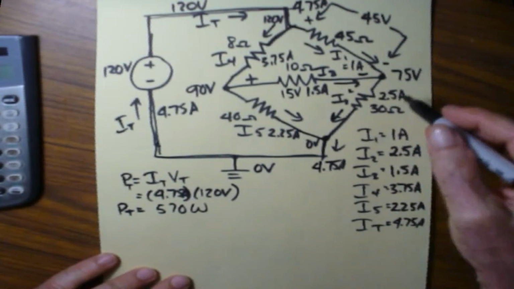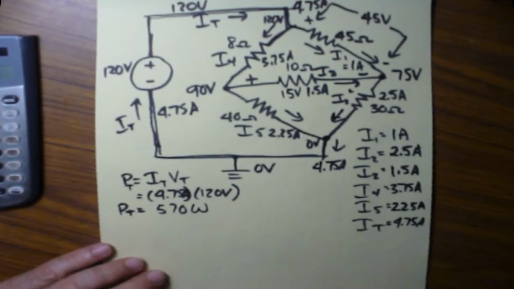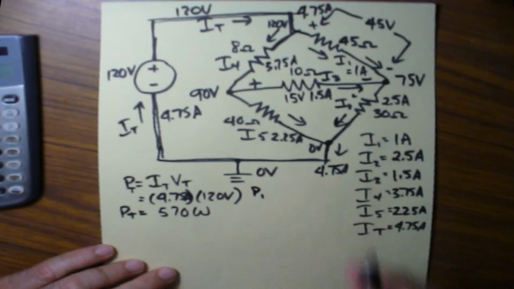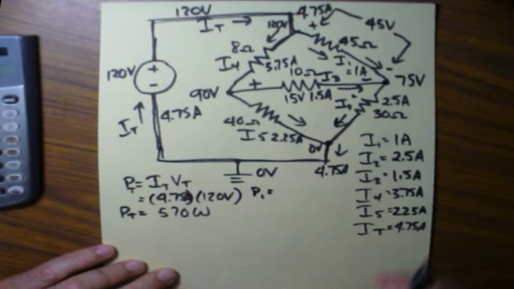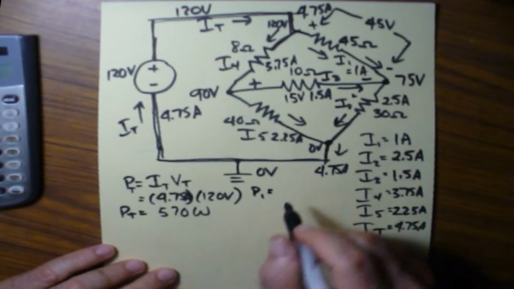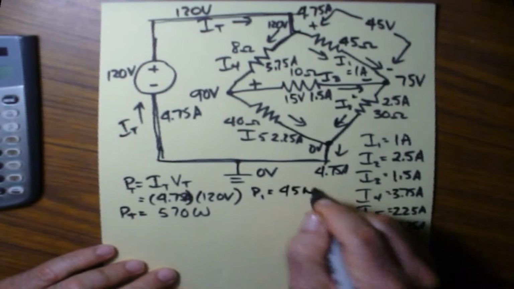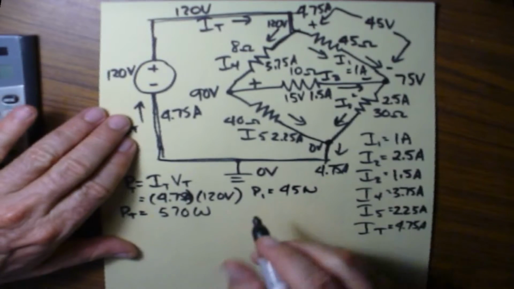Okay, how do we verify this? We can go through each one of these and make sure they all add up. So let's work out. P1 is 1 amp times 45 volts, which is I times V, and that's going to be 45 watts. That's going to be our easiest calculation.